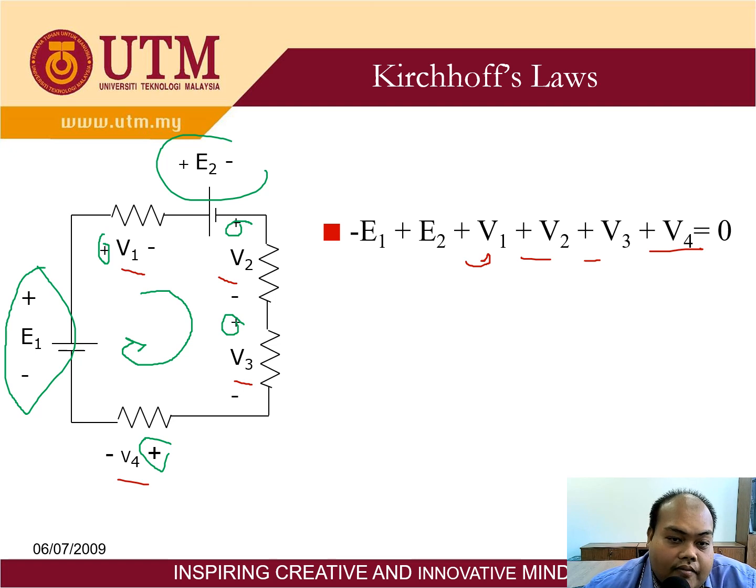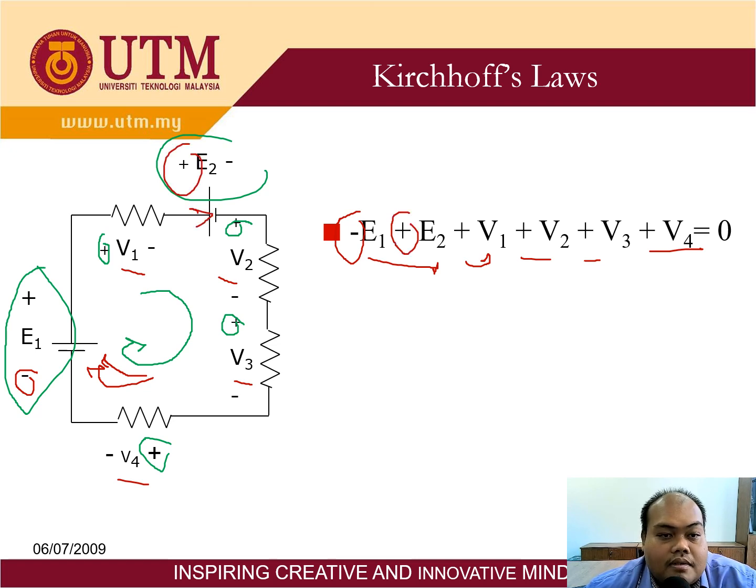But for the active element, which is the voltage source, you need to be careful, because this one meets negative. When you do a loop here and meet negative, it means this is negative. If you do the loop and it meets positive, you have to put positive. So for active elements, you need to be careful.